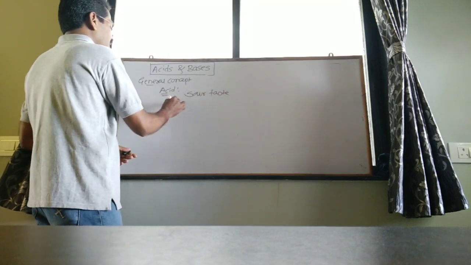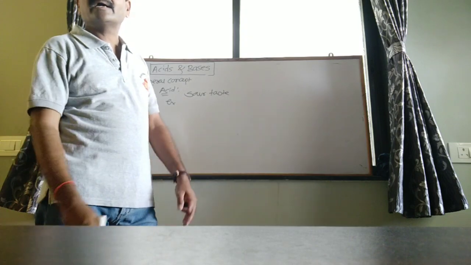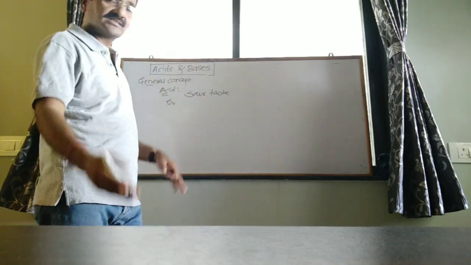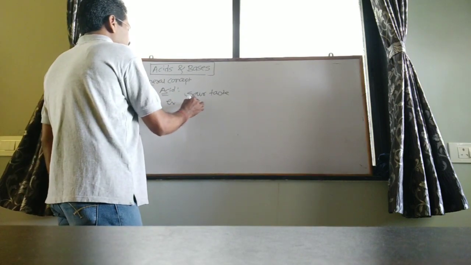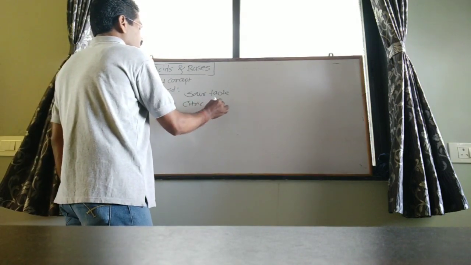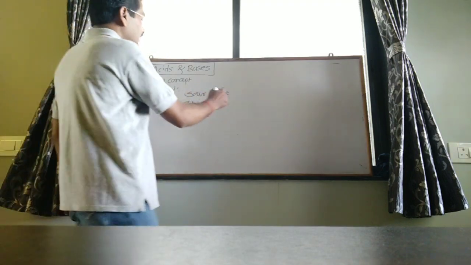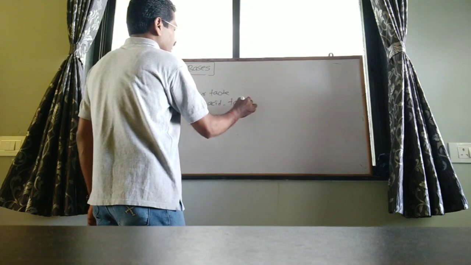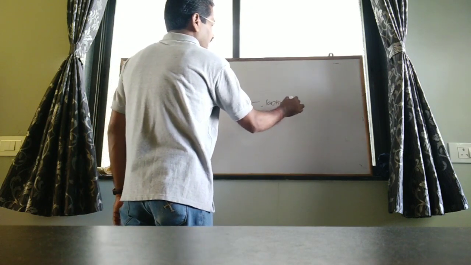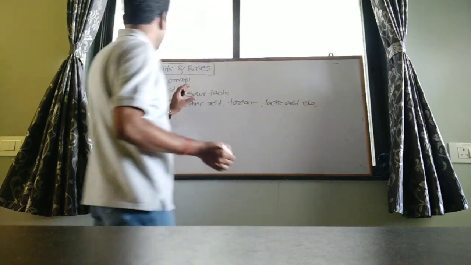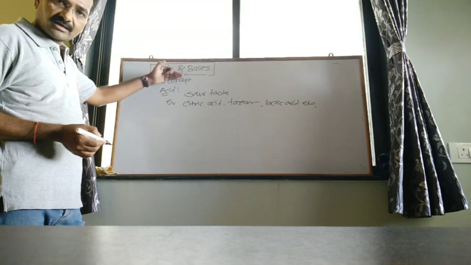For example, in routine life, citric acid can be obtained in lemons or lemon fruits. Another, tartaric acid, lactic acid in milk, etc. All these are examples of acids which have the sour taste according to the general concept.